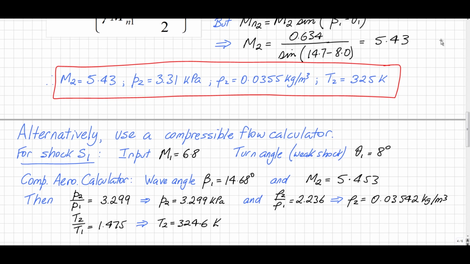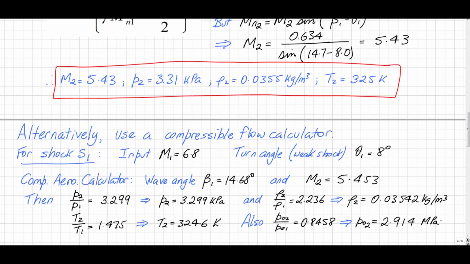Now there's one more piece of information that I want to extract from this aerodynamics calculator, and that's how the stagnation pressure changes across this shock wave. The calculator gave us that P02 over P01 is 0.8458, so we can use that to calculate that the stagnation pressure, P02, downstream of the shock wave is 2.914 megapascals.